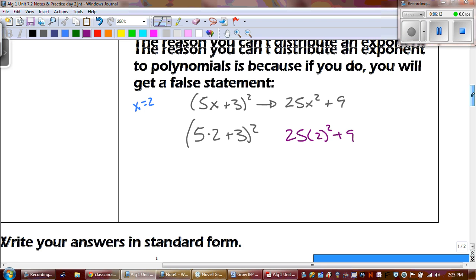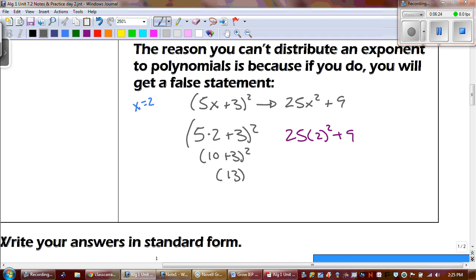Okay, let's worry about the gray first. Order of operations. Inside the parentheses, we have to do multiplication. 5 times 2 is 10. And 10 plus 3 is 13. And 13 squared is 169. So if they mean the same thing, I should get 169 for the purple, right?